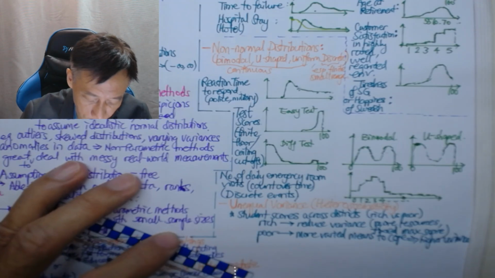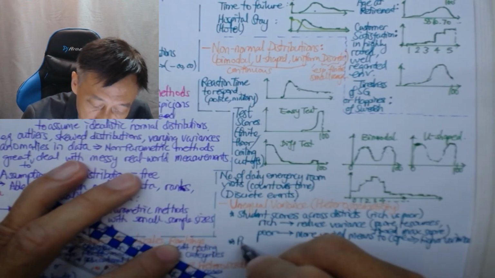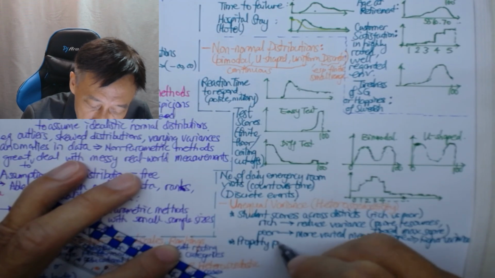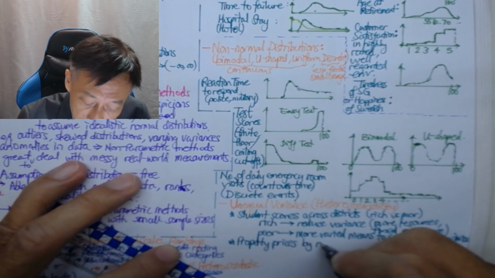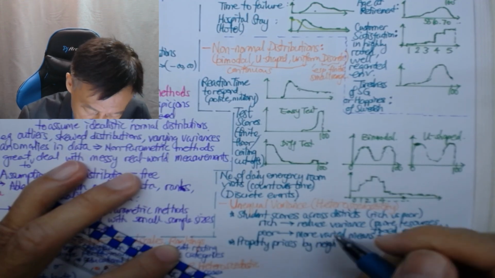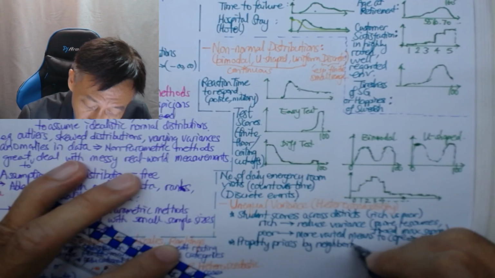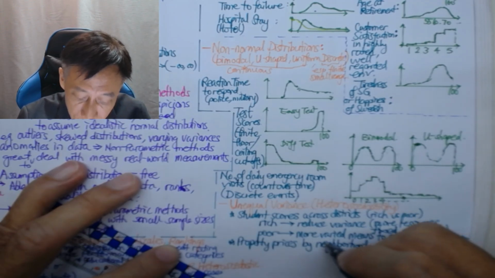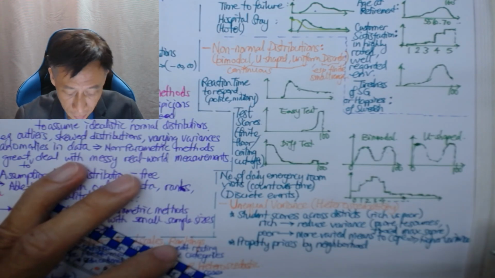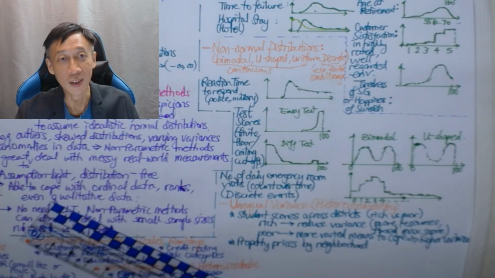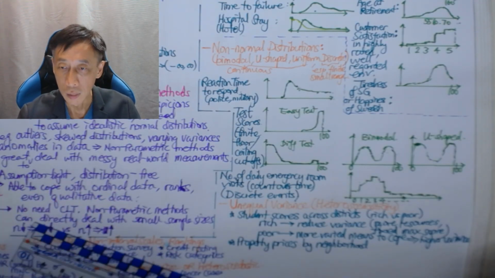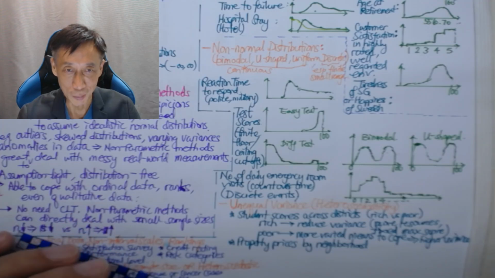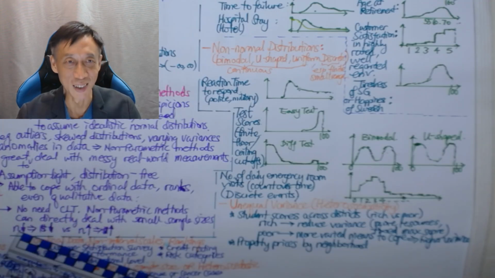Okay, then we can talk about property prices. So property prices grouped by, let's say, neighborhood. In all the cities, whether it's Tokyo, Los Angeles, Singapore, in all the cities, there are sectors or neighborhoods, let's call it, that are well known to be lush and luxurious in name and real situation.